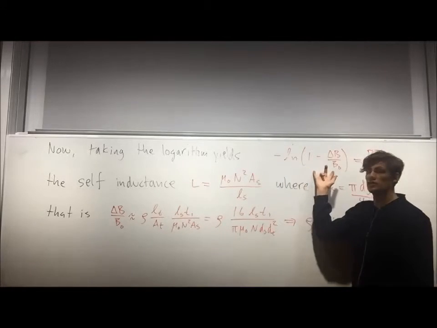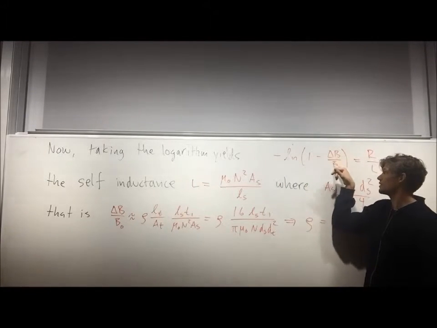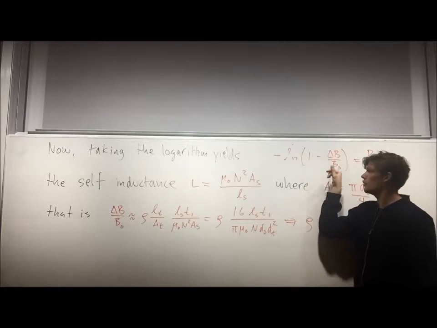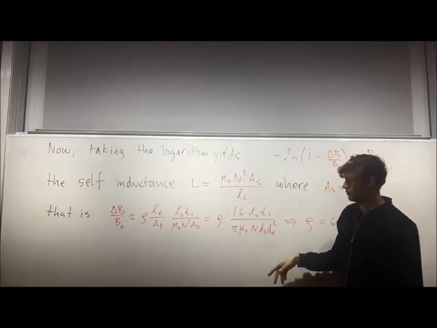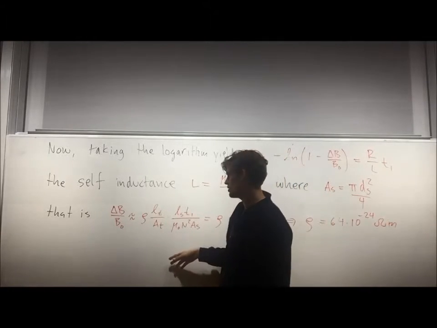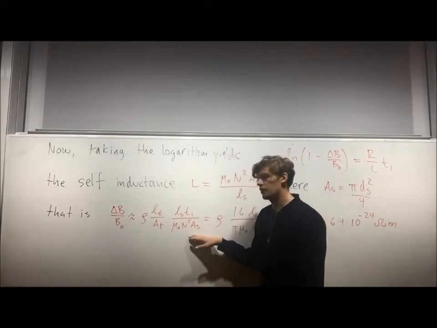Basically what we do is a Taylor expansion, because we know that this expression is very small, and doing that we can take away this logarithm as a first approximation, and then we get this expression here.